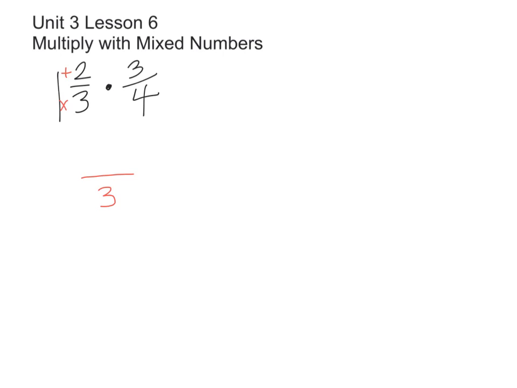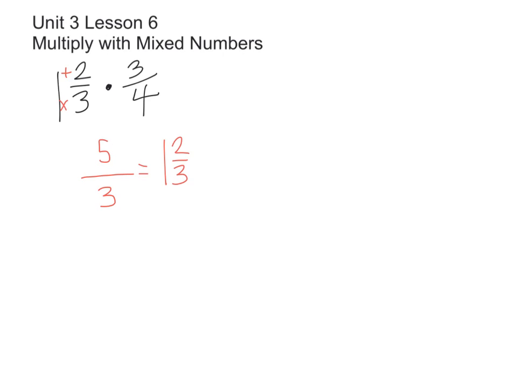We're going to go 3 times the whole number is 3. And then the whole number plus the numerator is 5. So 5/3 is the same as 1 2/3.